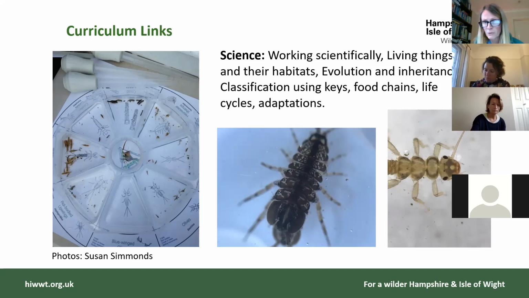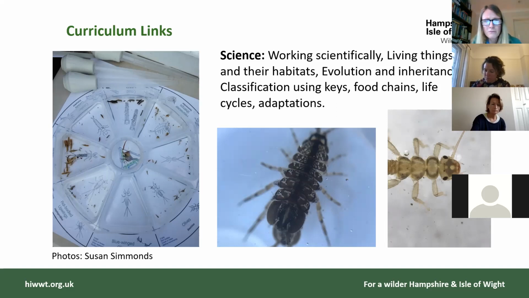This creature in the middle is a freshwater hog louse, which is very similar to a wood louse, so a crustacean. So again, the children could be looking at that, looking at the number of legs and understanding the differences between all of these creatures. And then the creature on the right is actually a stonefly nymph. So that's again a very close-up picture with that lens.